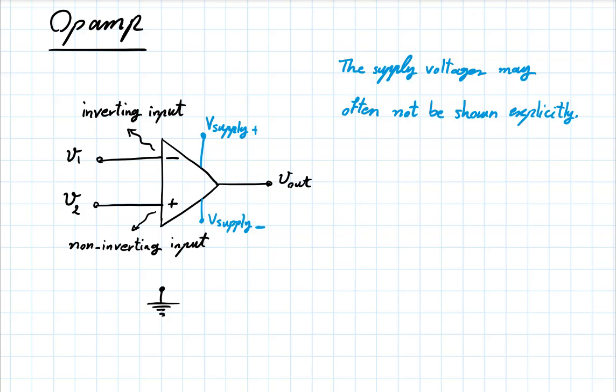So if you take V2 minus V1, whatever you have there, that difference, if you multiply it by some factor, it gives you Vout. And this factor for a given op-amp is very, very large. It could be hundreds of thousands, millions, depending on the op-amp. So that's the primary function of the op-amp. It looks at the voltage difference between its two inputs and gives you an output that's proportional to that with a very high gain.